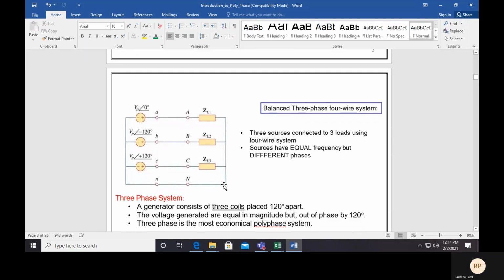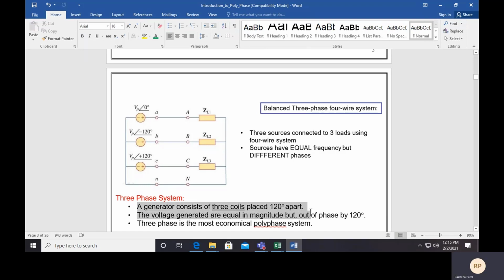In the same way, for a three-phase system, three different sources have equal magnitude but different angles. The first source has 0 angle, another has minus 120, the third has plus 120. It means all three coils are placed 120 degrees apart from each other.